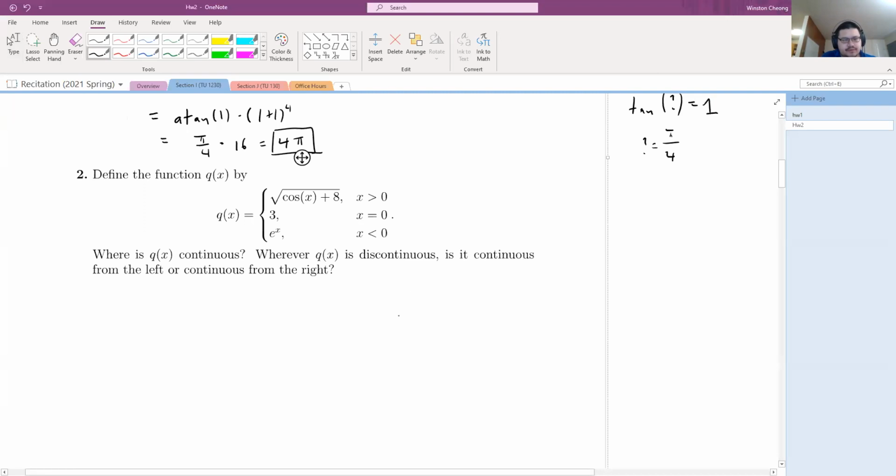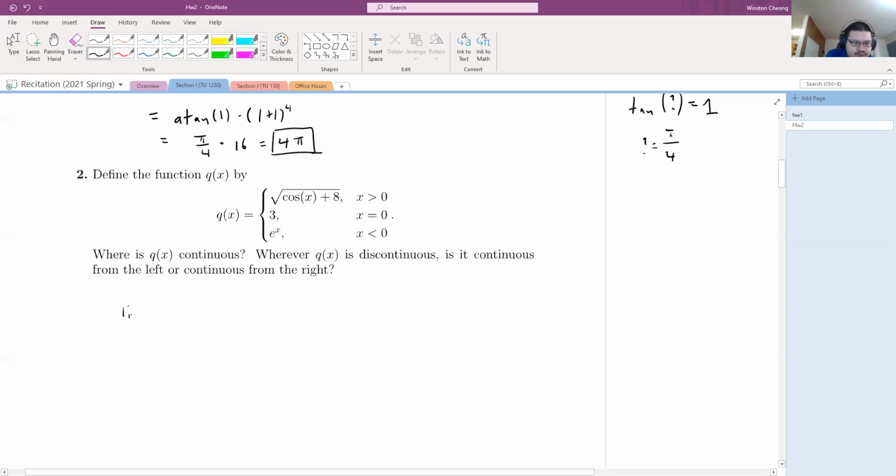Right. So first of all, we would see that each of these individual functions are continuous. So the only part where this function q could be discontinuous is where the chopping happens for this piecewise function. So the only thing that we need to check is what happens at 0.